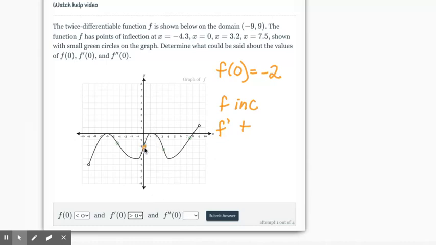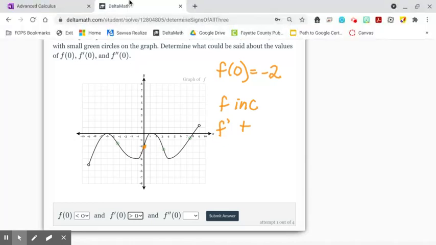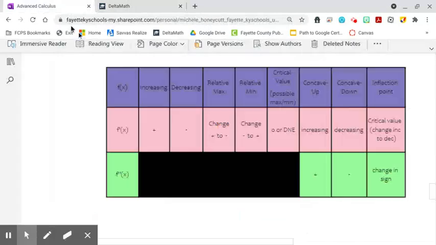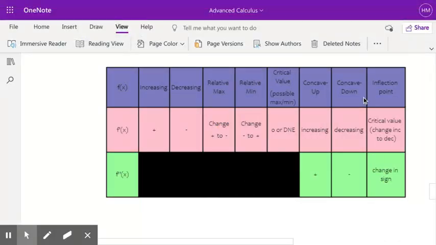And then let's see, what's happening with f double prime? Well, there's an inflection point right here. So let's see what happens with an inflection point. At the inflection point, for the second derivative, there's a change in sign. So there's a change from positive to negative or negative to positive. Whenever you see a change in sign, you would also see the second derivative to be 0.